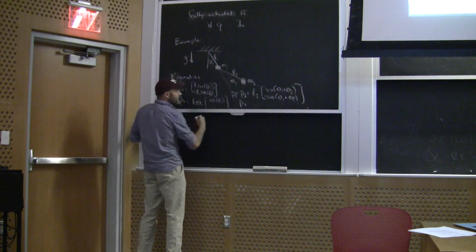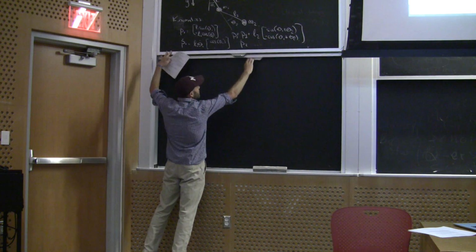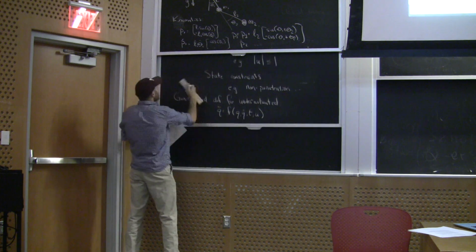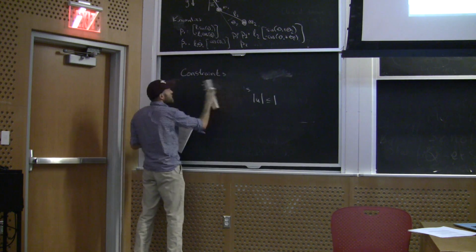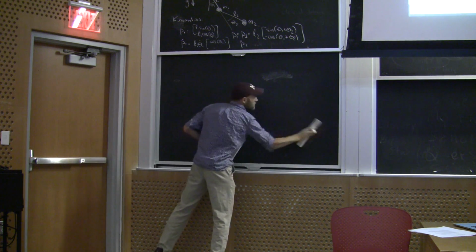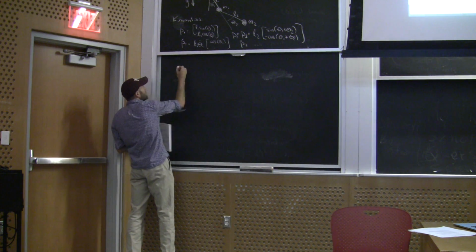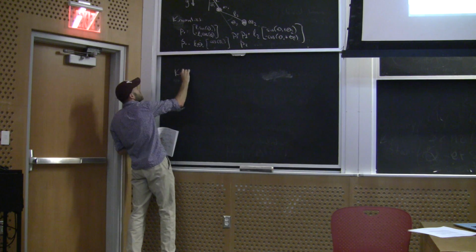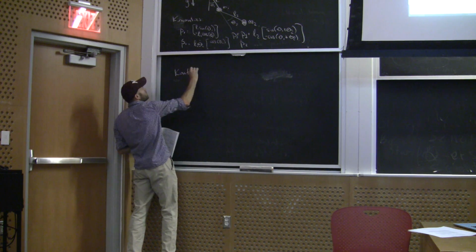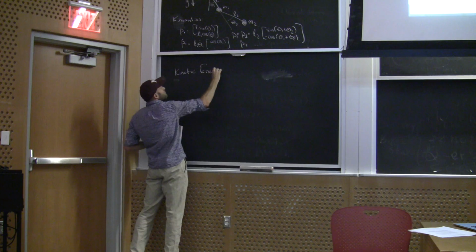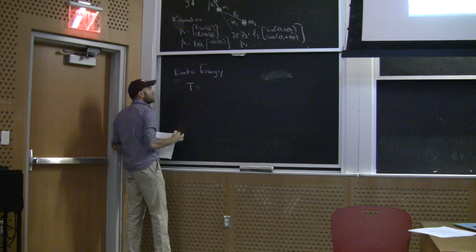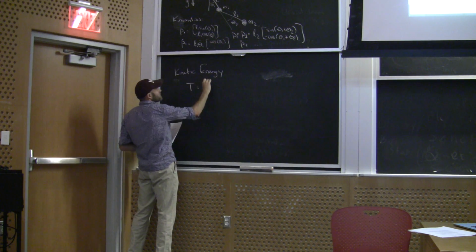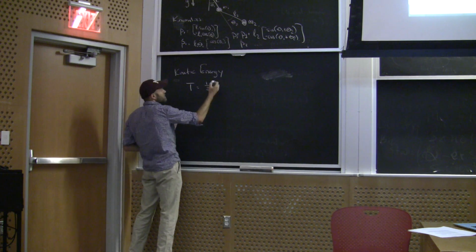I can write down the kinetic energy of the system. We'll call it T. It's just 1/2 mv squared, since I've got point masses, it's just that simple.